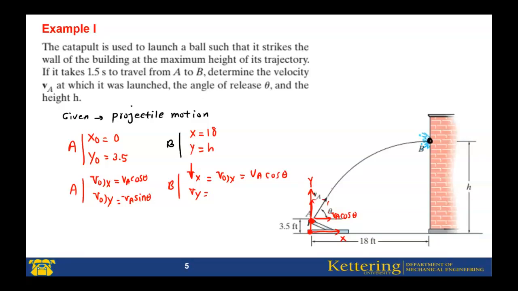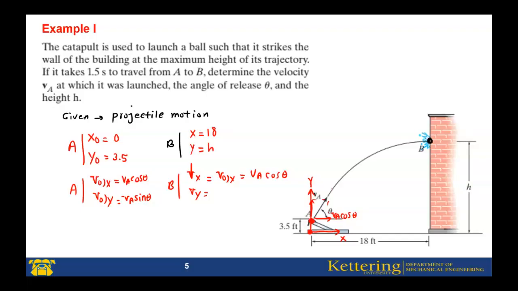Now, at point B there's the maximum height. What is the velocity along the y direction? Do you agree? Is it 0? Do you agree, everybody? It's 0.